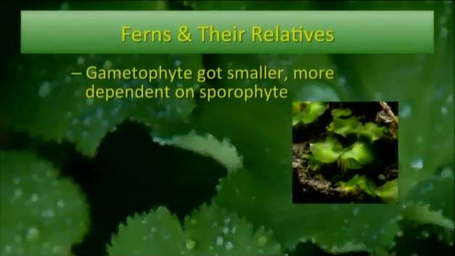Another thing about the ferns and their relatives, remember that in the bryophytes, the hornworts, the liverworts, and the mosses, the gametophyte is dominant. The gametophyte is larger. The gametophyte is photosynthetic. But in ferns and their relatives, the gametophyte got smaller and also more dependent on the sporophytes. So in the ferns and their relatives, or the lower vascular plants, the sporophyte is dominant.